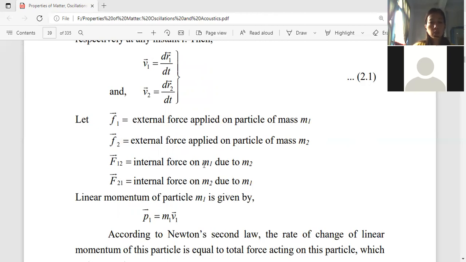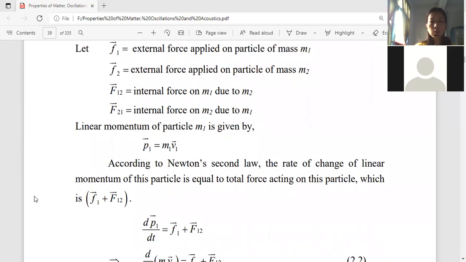The internal force applied on M1 due to M2 is F12. If it is F21, it will be the internal force on M2 due to M1.